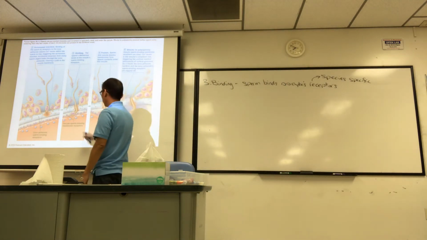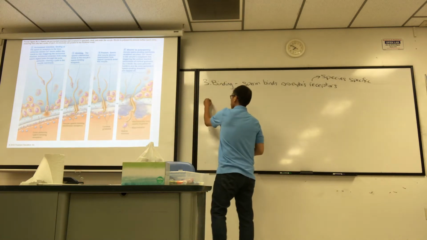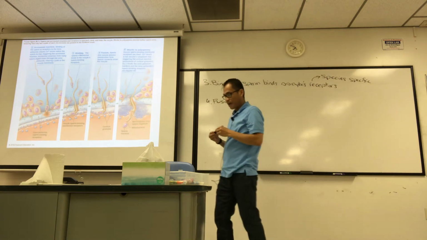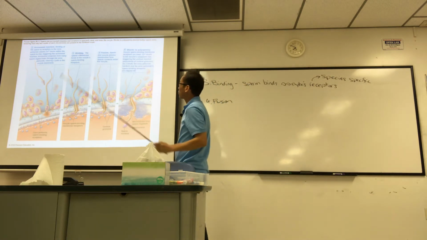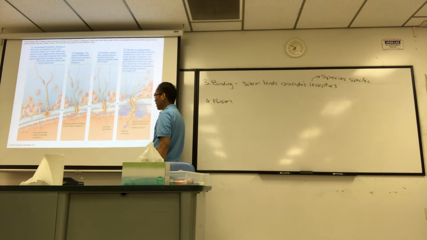So you get this fusion there. Let me read what I have. Fusion is where sperm and oocyte plasma membranes fuse. Now the sperm contents are allowed to enter the cell.